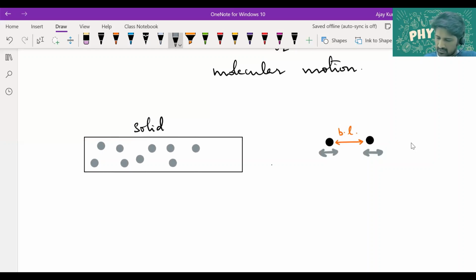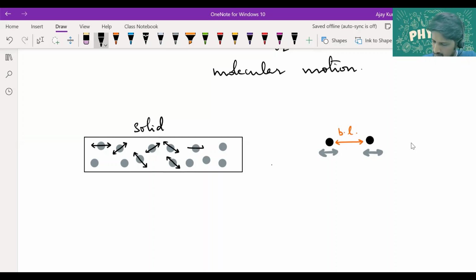There will be space between them, and molecules are never at rest. They'll be vibrating randomly in all directions. There's no fixed direction in which a molecule should vibrate. As the molecules vibrate, they need space around them, and they have that space.